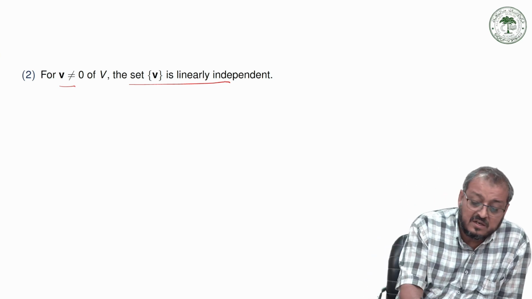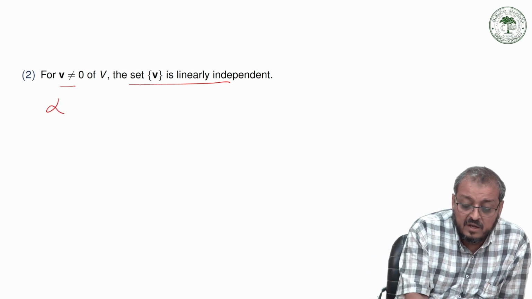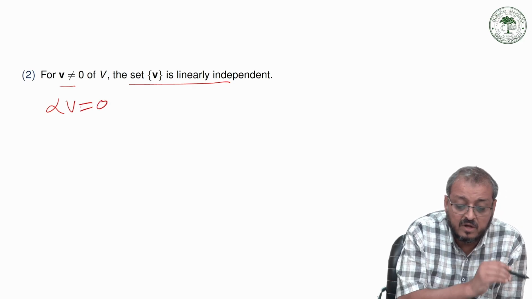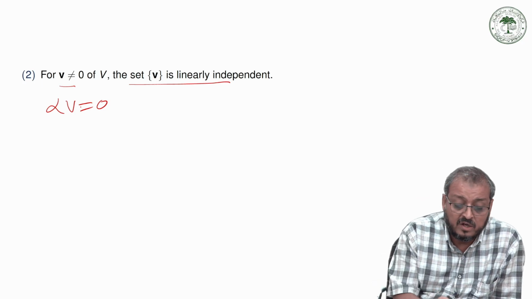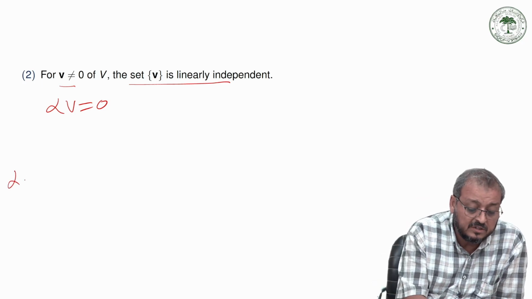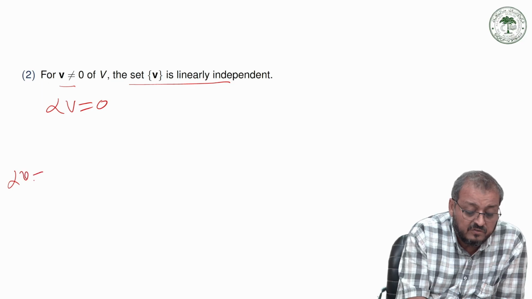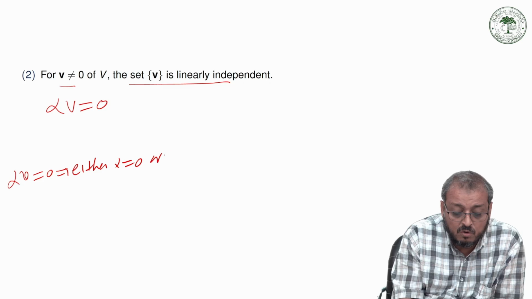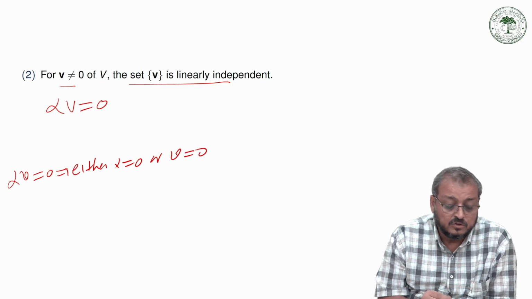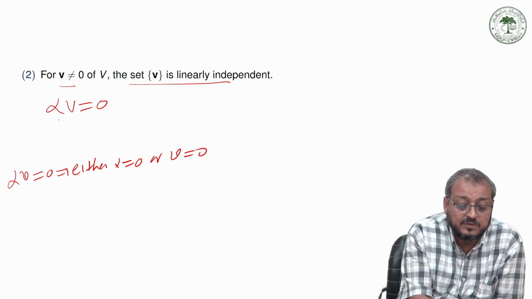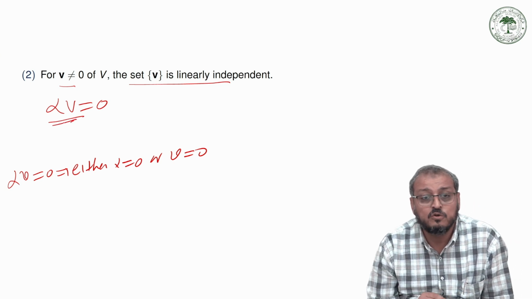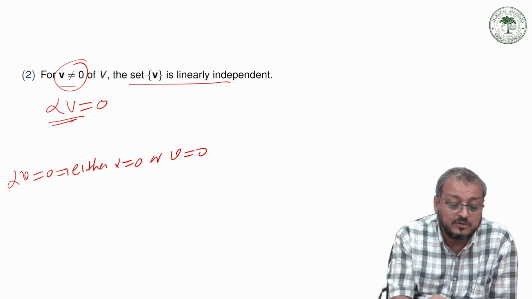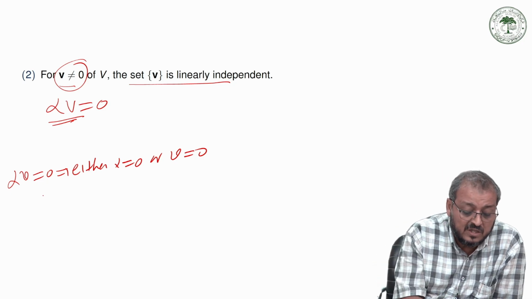Take a linear combination of it equal to the 0 vector: alpha times V is equal to 0. From the vector space property, alpha V equal to 0 implies that either alpha is equal to 0 or V is equal to 0. But we are given that V is not equal to 0.